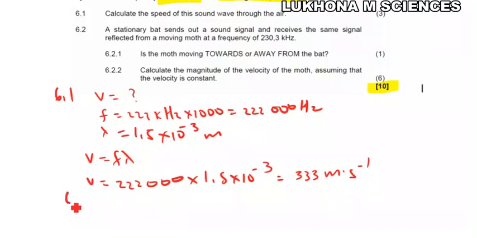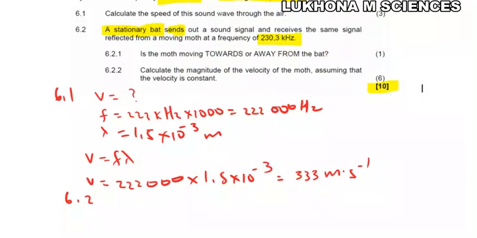Then 6.2 says a stationary bat sends out a sound signal and receives the same signal reflected from a moving moth at a frequency of 230,3 kilohertz.